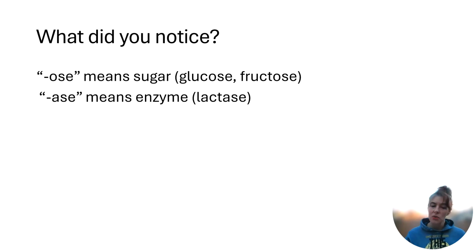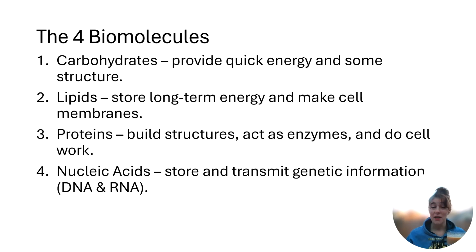When we get to our next unit, we'll see some enzymes like helicase. And so knowing this and being able to anticipate what a word means is just going to make your life a lot easier as we continue. So we've talked about the four biomolecules: carbohydrates, lipids, proteins, nucleic acids. Well, what do they do? Well, carbohydrates, we know that they have that sugar circle shape to them.